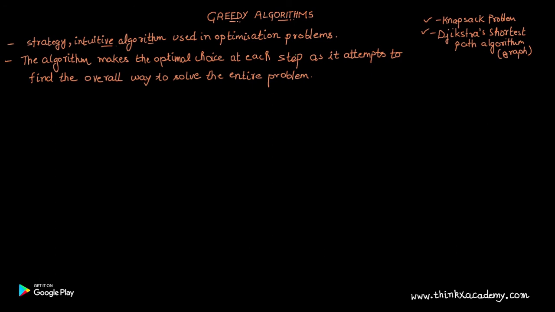You will have to write the whole program to solve that problem, and basically you want to optimize it. By optimization, you will have to decrease the time complexity of that problem. The greedy algorithm is the algorithm that makes the optimal choice at each step as it attempts to find the overall way to solve the entire problem.